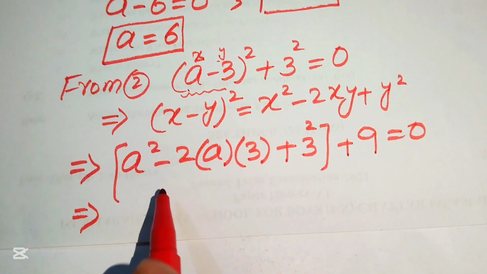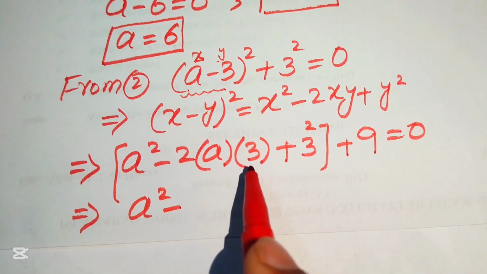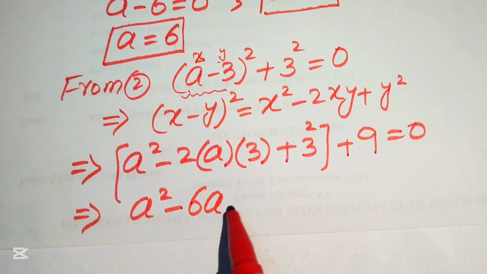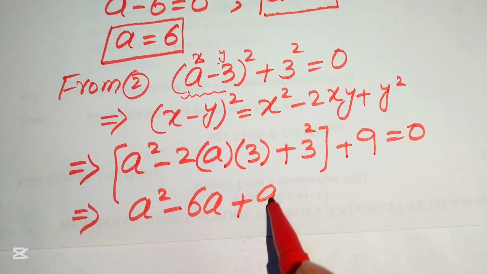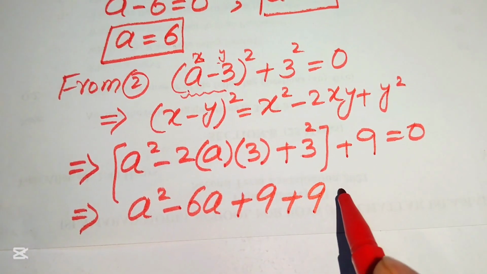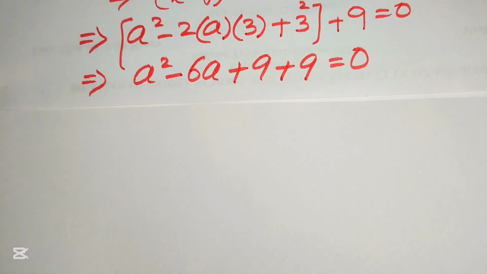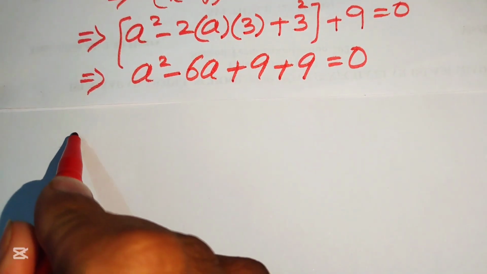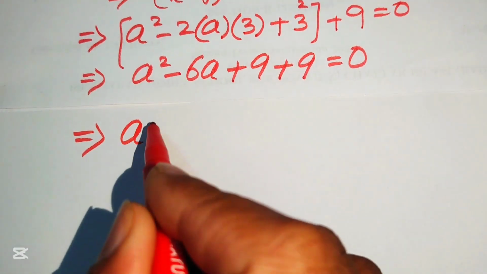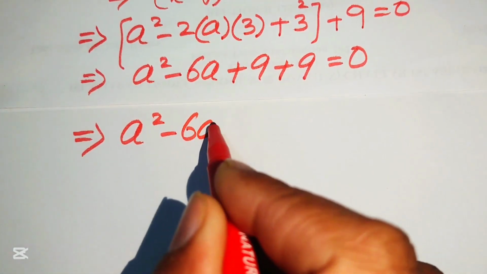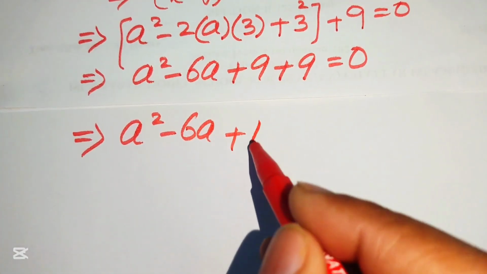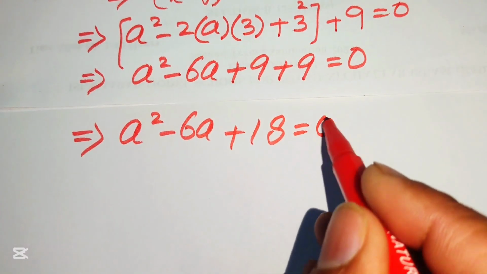In the next step we have a square minus 3 times 2, which becomes 6a, plus 3 square equals 9, and this is also 9, and this whole equals 0. Now in the next step we have a square minus 6a plus 9 plus 9, which becomes 18, equals 0.